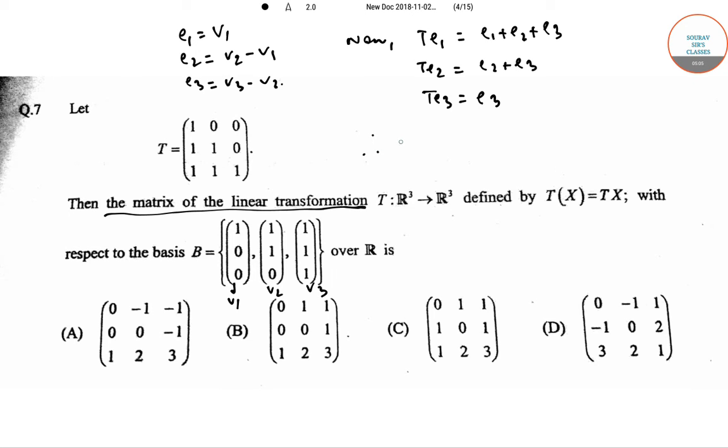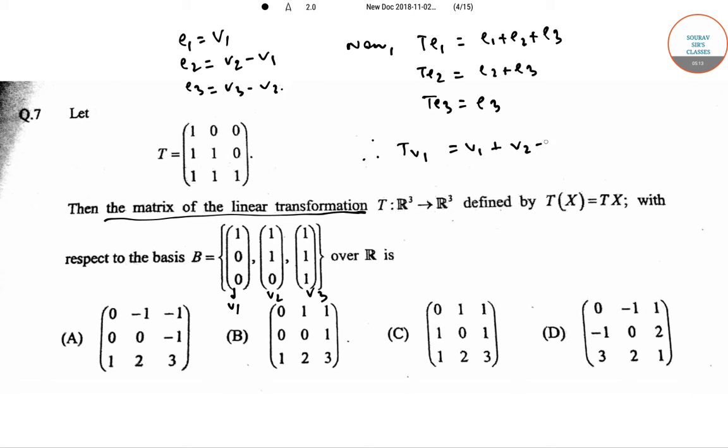Therefore, TV1 is equal to V1 plus V2 minus V1 plus V3 minus V2 is equal to V3.